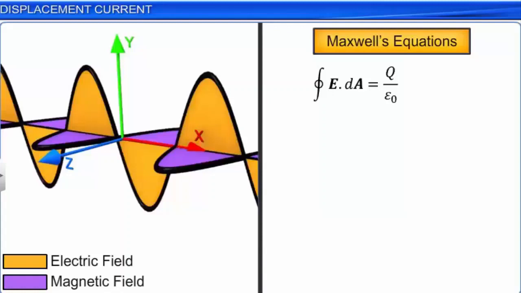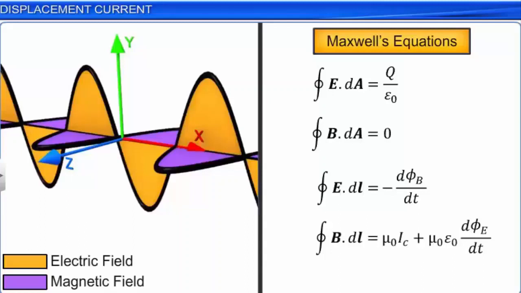The integral over the closed surface of B dot dA is equal to 0. The integral over the closed loop of E dot dl is equal to minus d phi B by dt. And the integral over the closed loop of B dot dl is equal to mu naught IC plus mu naught epsilon naught into d phi E by dt.